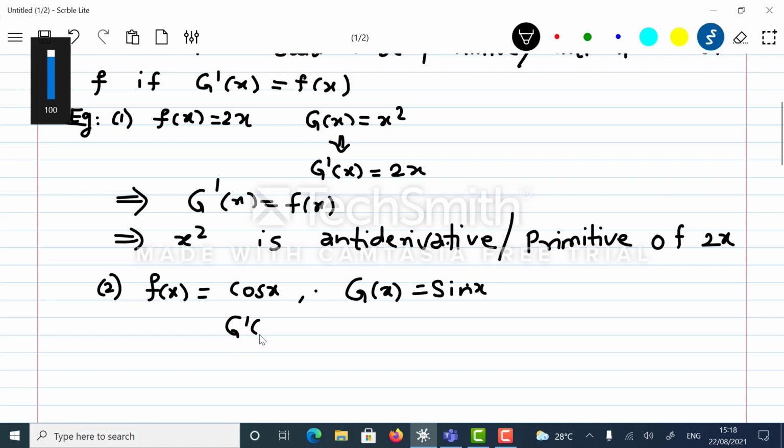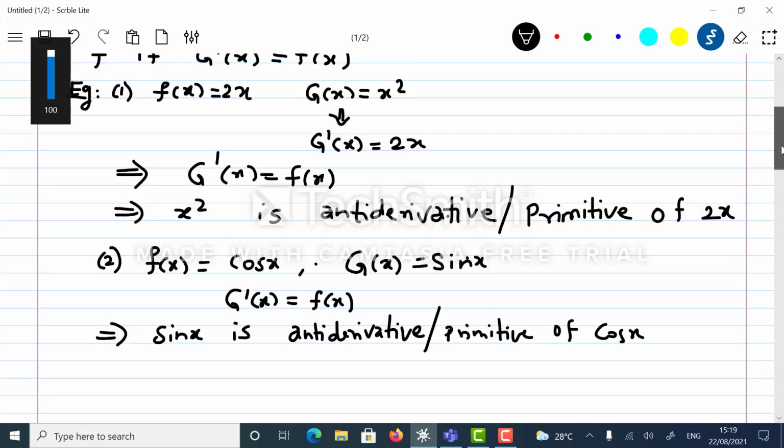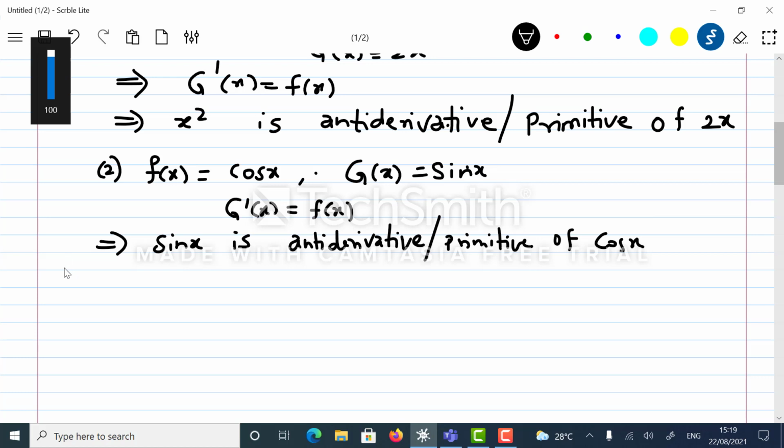So g'(x) is cos x, so g' is the same as f(x). So what does this imply? This implies sin x is an antiderivative or primitive of cos x.